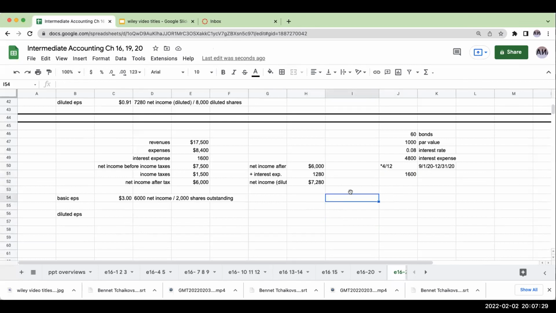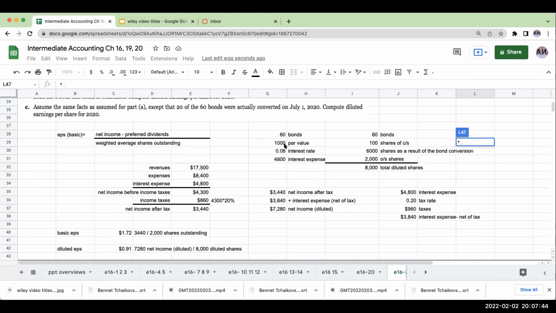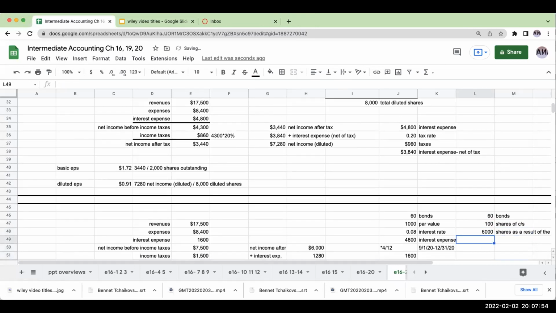So over here, I've got 2,000 shares outstanding. Now, for these bonds, if the bonds were in fact converted, this is going to be 100 shares per bond, so this would be an issuance of 6,000.